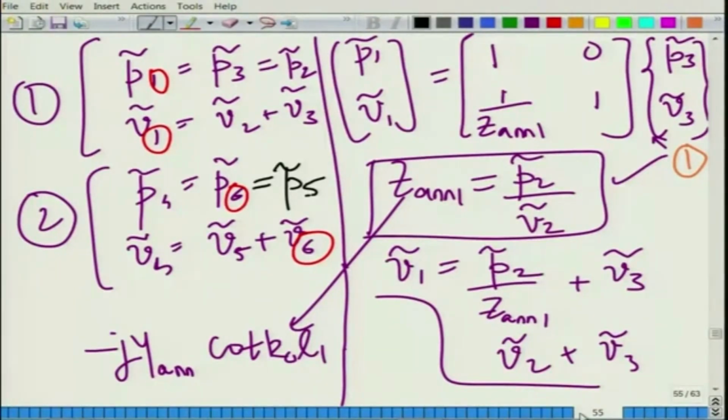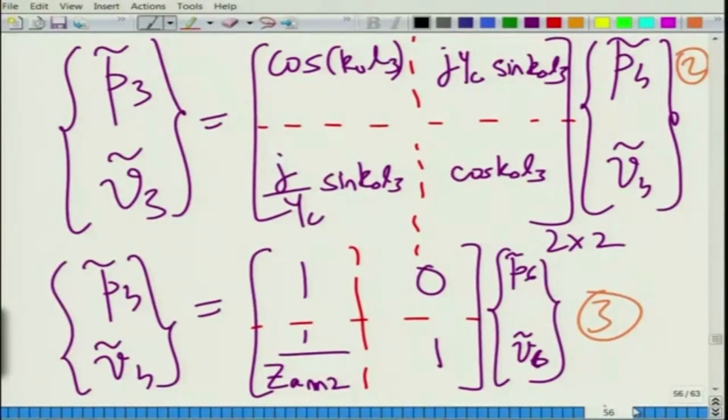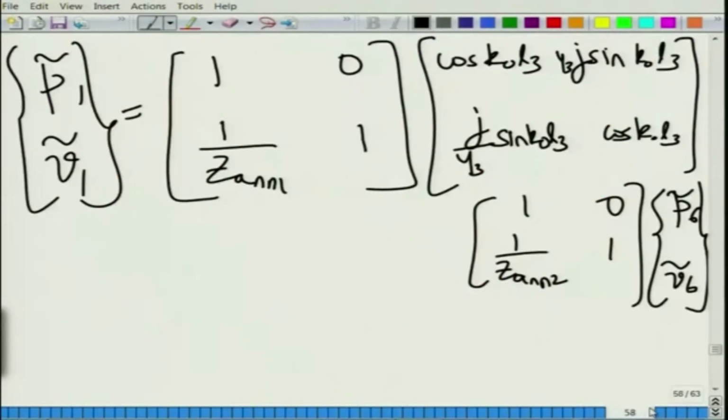We could solve that as an Ax equals b system, but the clever technique is the cascading of transfer matrices. We pre-multiply and post-multiply the matrices to relate P 6. Let me write it down a bit more clearly, J Y 3 into sine of k naught L 3.